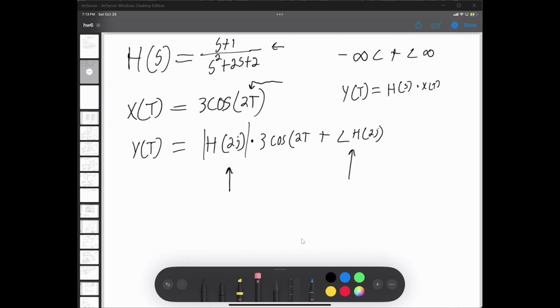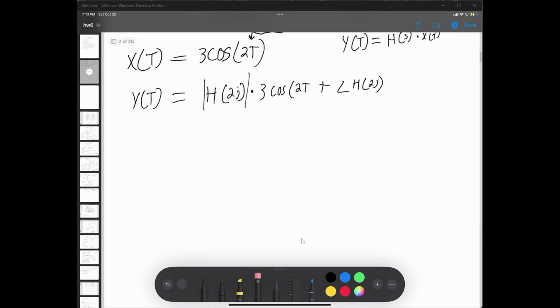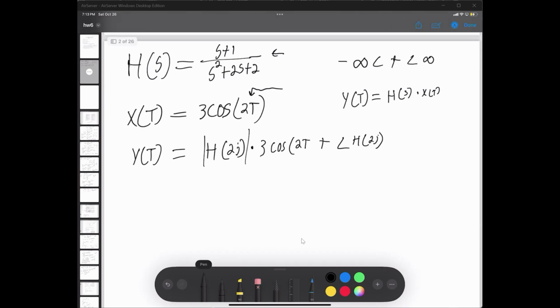So, we need to evaluate the magnitude and phase angle of the transfer function at 2j. And 2j, the 2 is from the angular frequency of cosine.